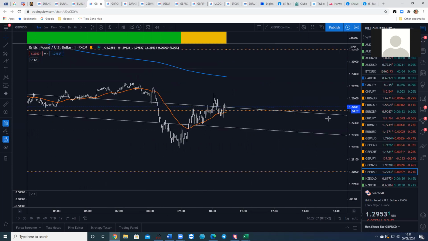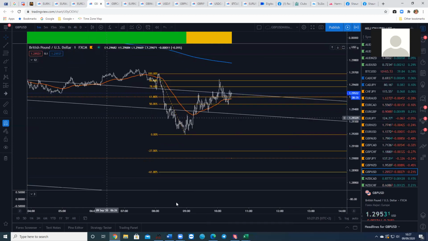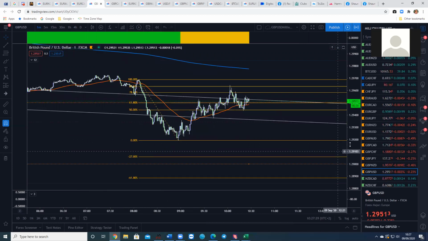So let's see what we've got. We could put a fib on that, I think, from here to here, and that's just coming off that 88.6. So that looks to me like it's going to respect this scan.